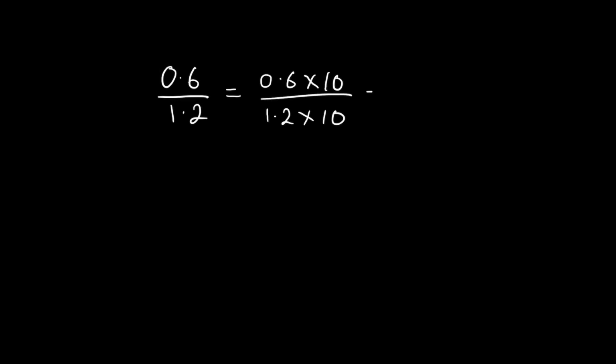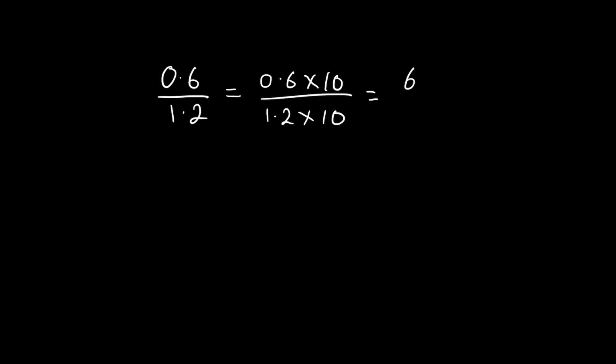But how do we simplify fractions with decimals? For example, 0.6 over 1.2. Now how we simplify this is by multiplying both the numerator and the denominator by 10. So 0.6 into 10 over 1.2 into 10.